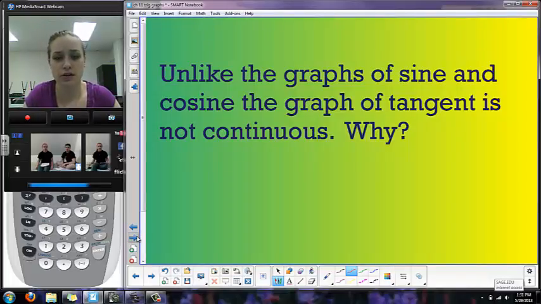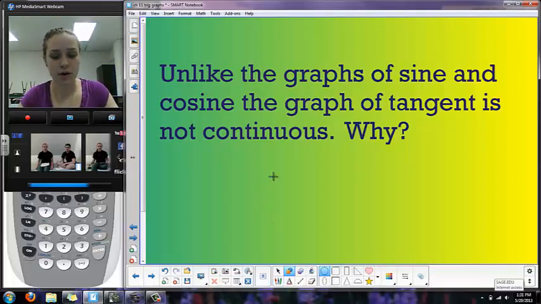Unlike the graphs of sine and cosine, tangent is not continuous. And why do you think that tangent is not continuous? You could get that information by looking at your unit circle or looking at your trig plate, either one.